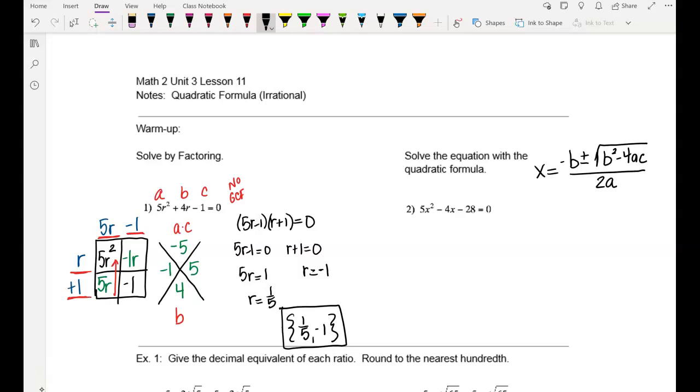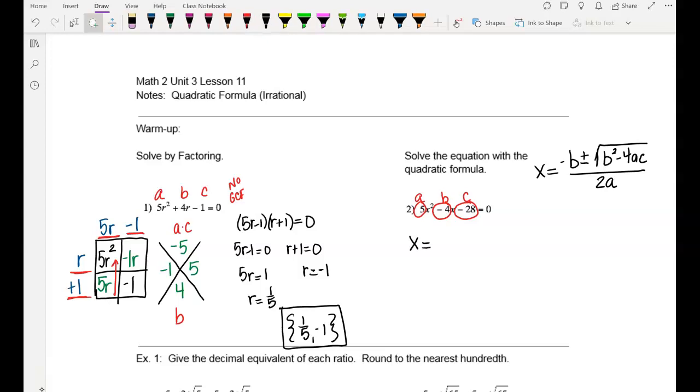It is already set up that way, so I don't have to move anything around. So I have my A, my B, and my C. Being very careful, A is +5, B is -4, C is -28. You have to be cautious of your negatives.